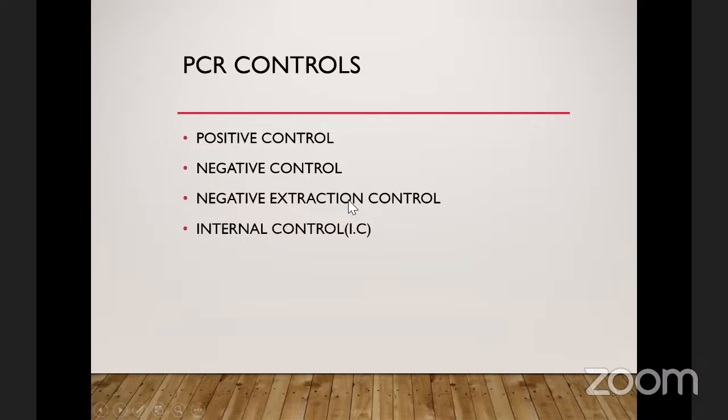So the internal control, or what we call the IC, in every setup, the samples that you have, the negative control, the positive control or negative extraction control, and internal control is like a standard check for every PCR reaction. So this one helps us to monitor PCR inhibition.